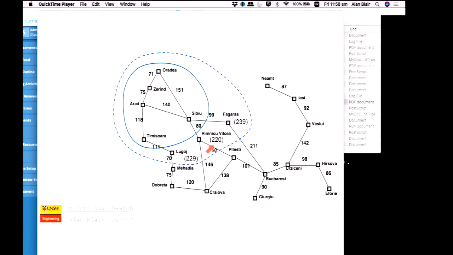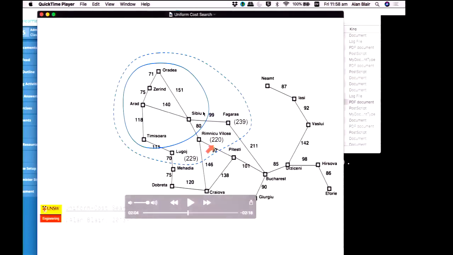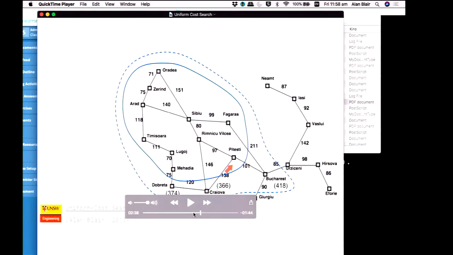For every city, I just need to remember the shortest path to that city that I know of, and which city I came from. So at this point I've found this path to Bucharest through Fagaras, so I would have a little segment that says I've got a path to Bucharest that's 450 in total, and the previous city is Fagaras.